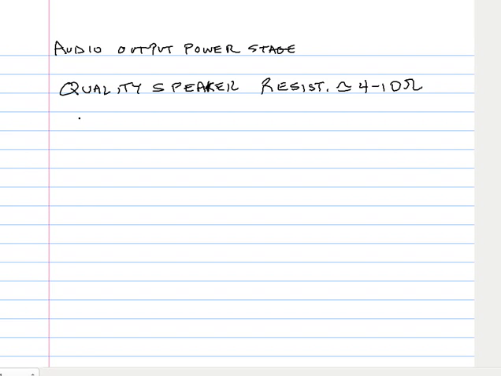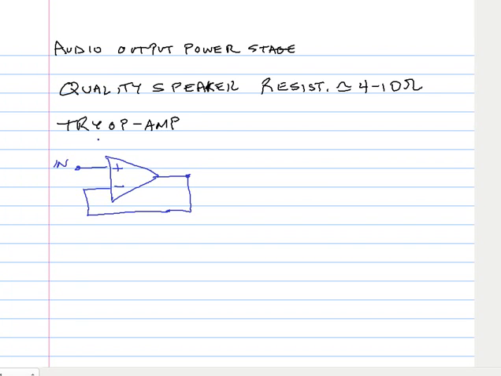We could try to do this using an op amp. So let's say that we configured an operational amplifier in the unity gain configuration. And that amplifier is going to drive an 8 ohm resistance.